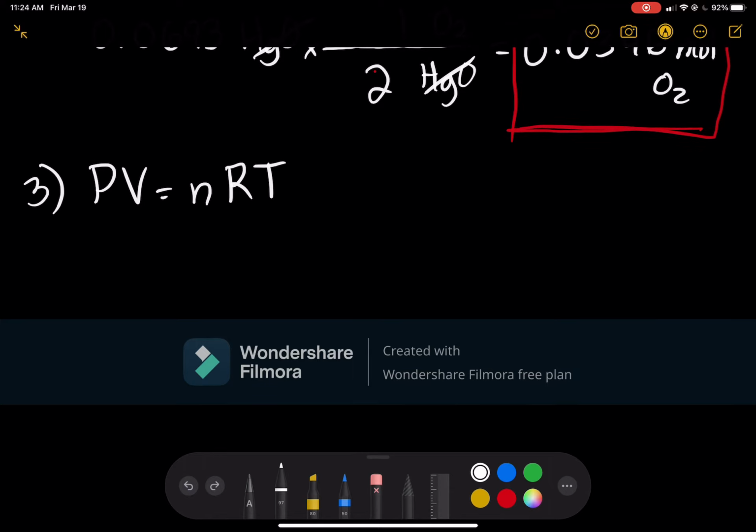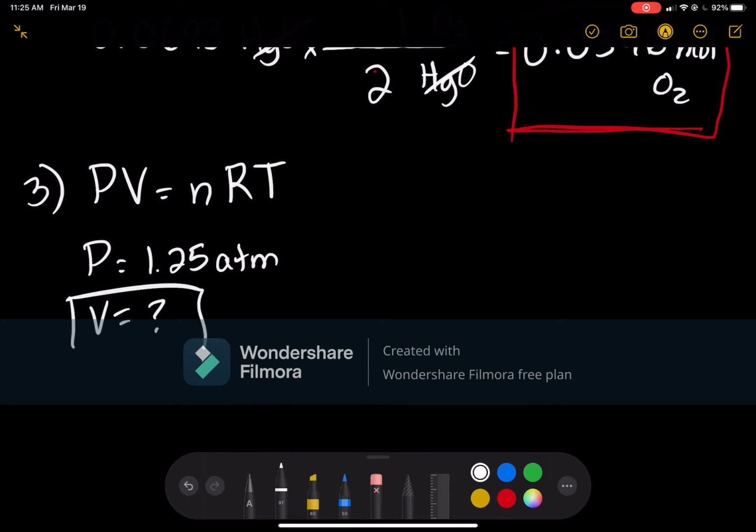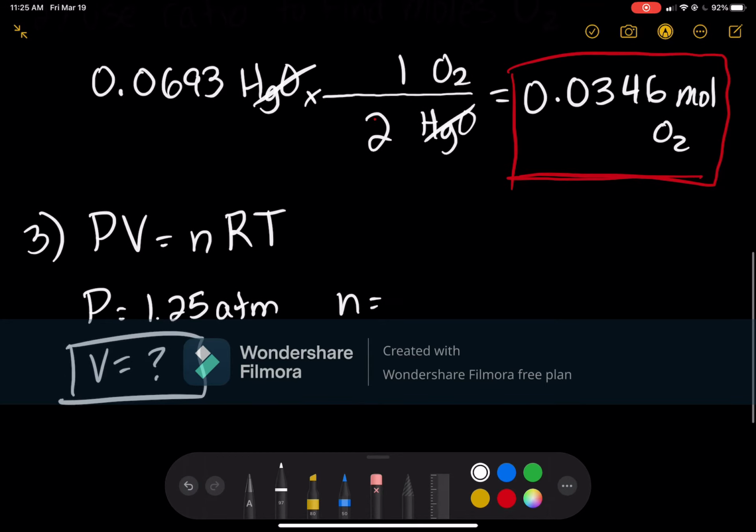I find that confusing, so I just take my values and list them and then put them into the equation. So for pressure, we were given 1.25 atmospheres. For volume, that's the value that we're trying to find. N equals the number of moles we have of our thing, so that's this.